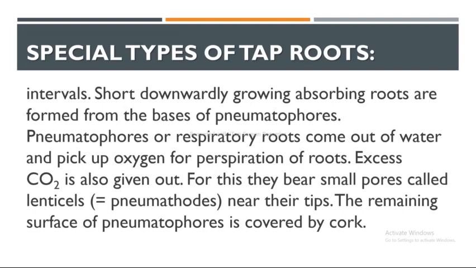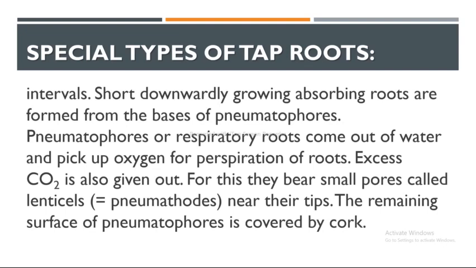Pneumatophores or respiratory roots come out of water and pick up oxygen for the respiration of the roots. Excess carbon dioxide is also given out. For this they bear small pores which are called lenticels.